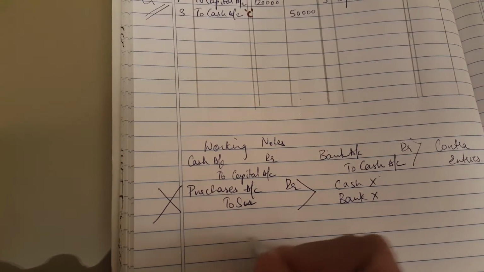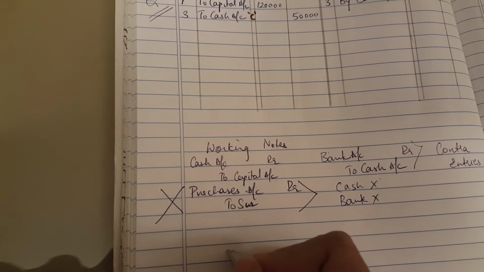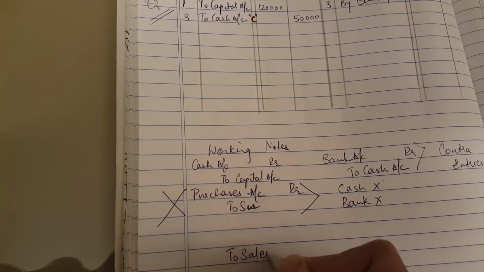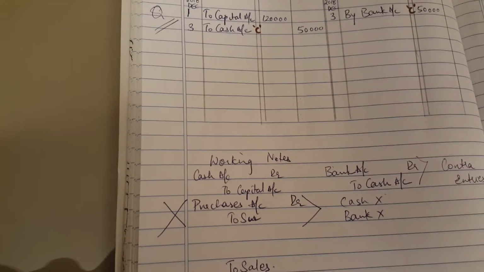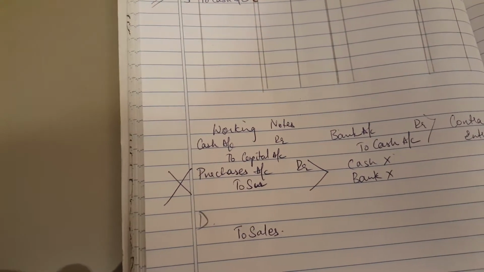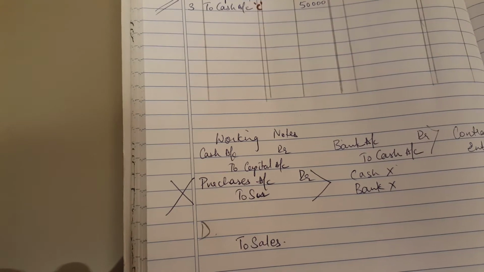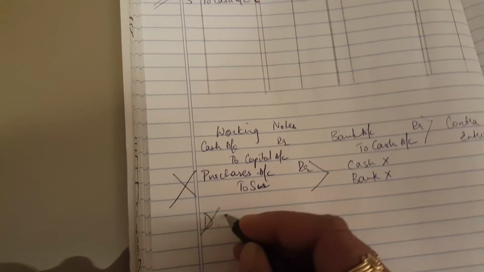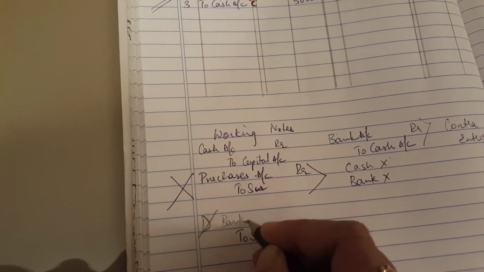When I say sold goods to D, I normally say it is to sales. Who is the person concerned here? I am telling goods have been sold to D and received a check. So now, it doesn't matter. It becomes bank because I have received a check.